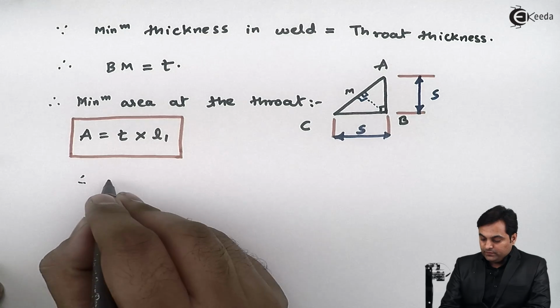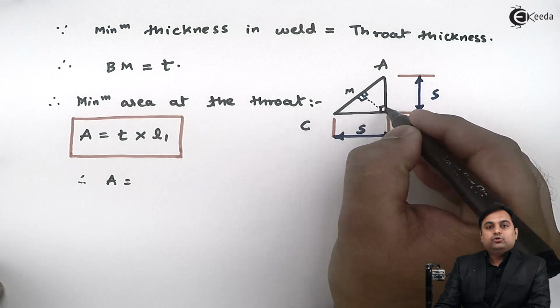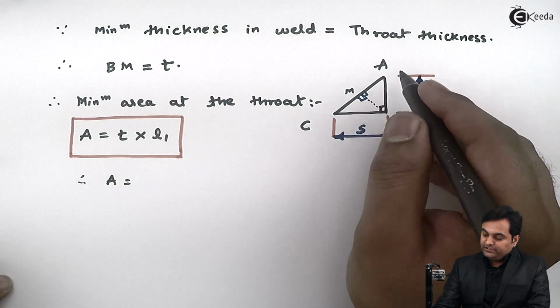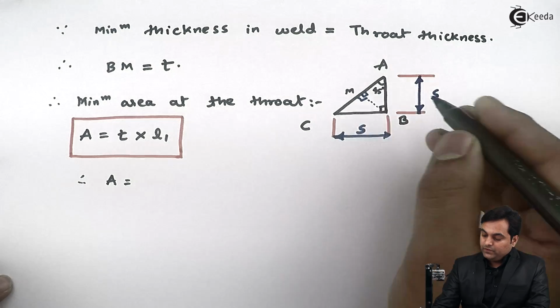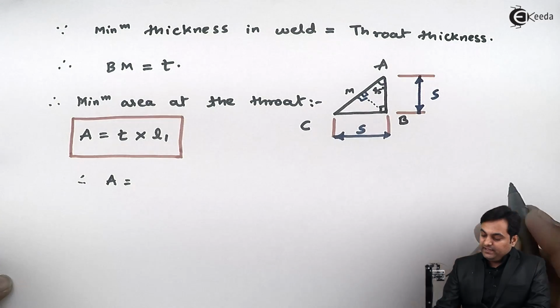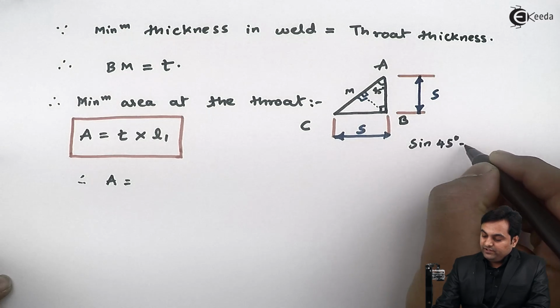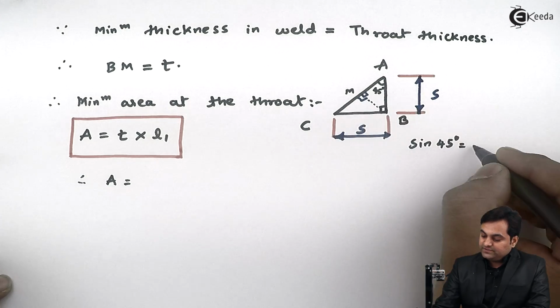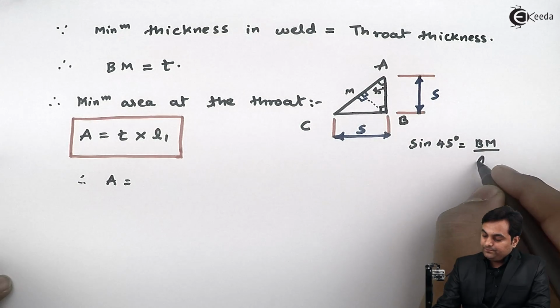So therefore area is equal to throat thickness times length, and we can get the throat thickness from this geometry. Here this angle is 45 degree. In this triangle AMB, sine 45 degree will be equal to throat thickness BM upon hypotenuse AB.